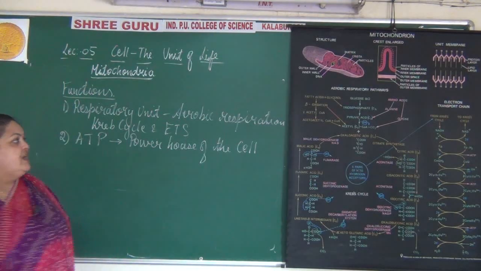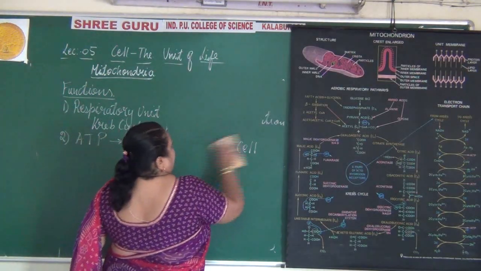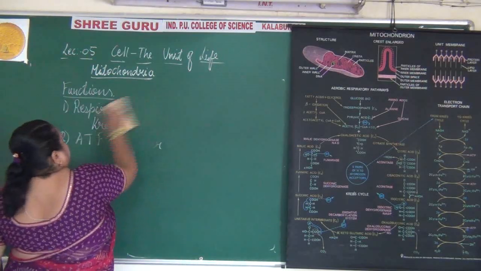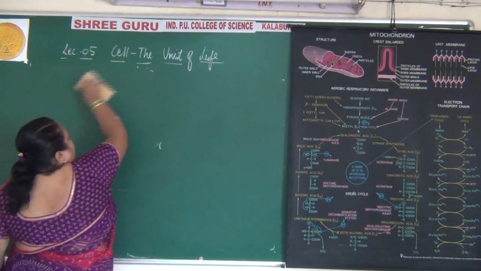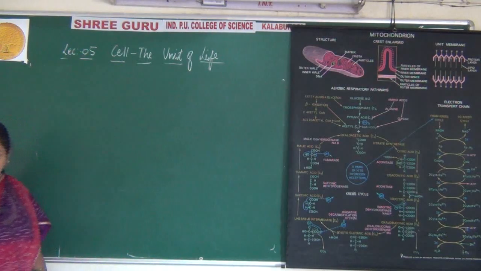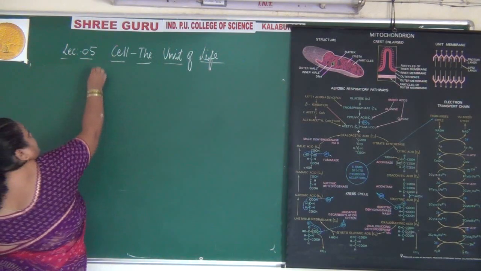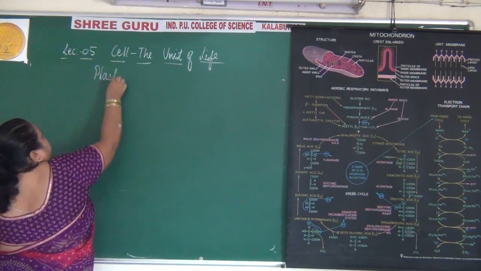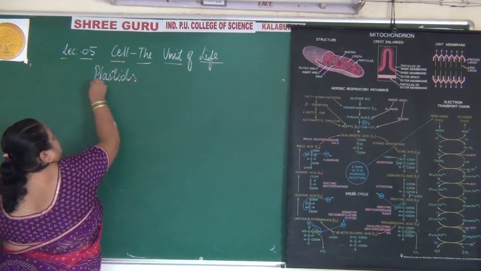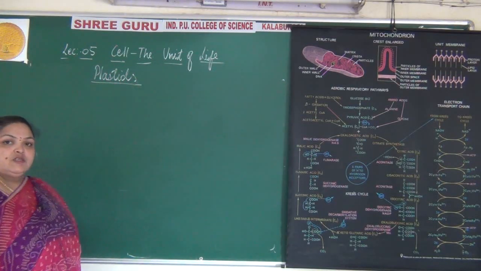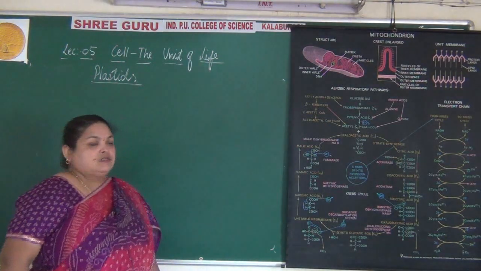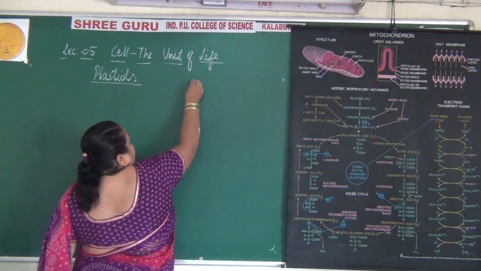Next organelles are the plastids. Let me give some examples.